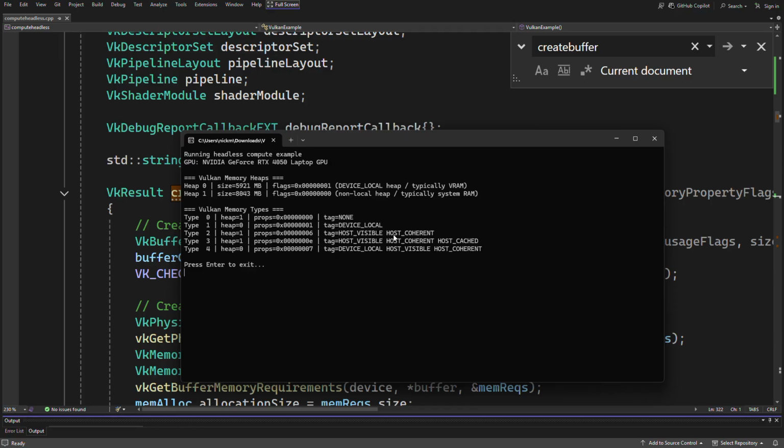Type 3 is host visible, host coherent, host cached, which means that host visible is CPU accessible, host coherent is GPU accessible, and host cached means that you are able to cache the memory. So basically, you're able to save stuff, and instead of checking the variable or the values or the data again, you basically just read what was cached. The idea is that it's more efficient.